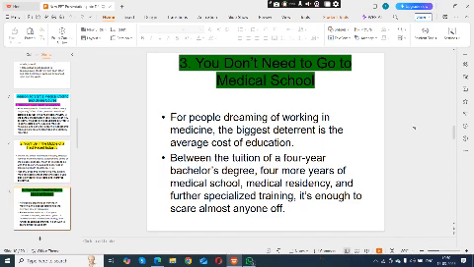Coming to the third one, you don't need to go to a medical school. This means if you want to become a medical coder, there is no need to go to medical college, medical school, or nursing college. If you are a normal bachelor degree holder, you complete your 3 or 4 year bachelor degree, and then you will have a chance to become a medical coder.